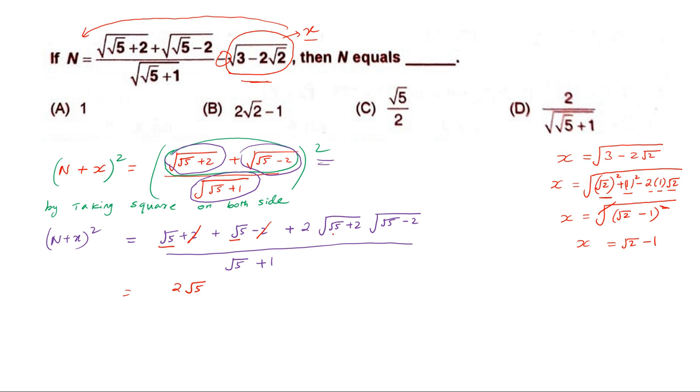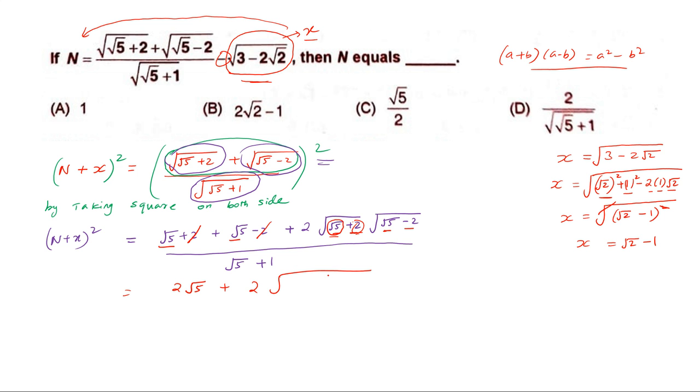Now see here this is a plus b into a minus b. So we can write square root of a plus b into a minus b. Already we know that a plus b into a minus b is equal to a square minus b square. So here a is root 5, b is 2.